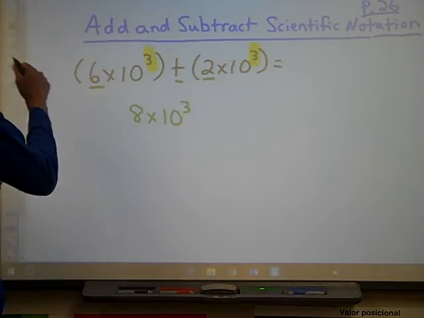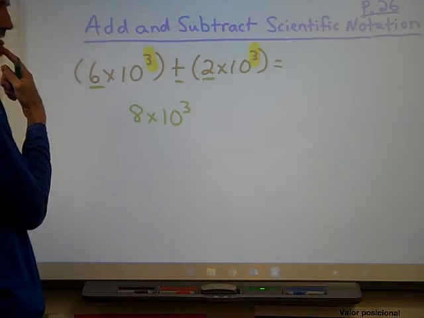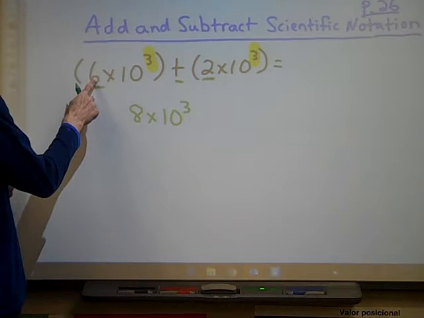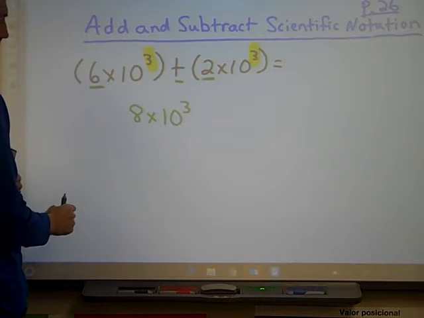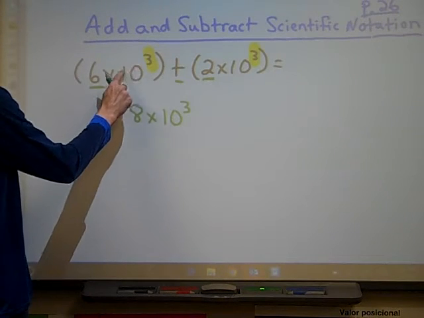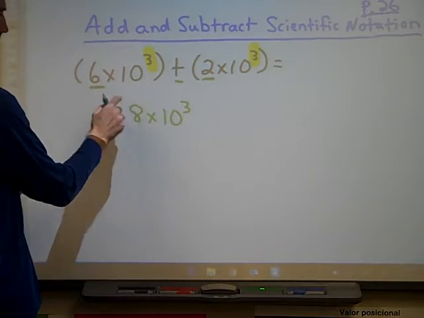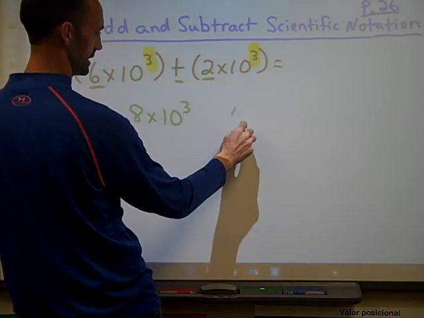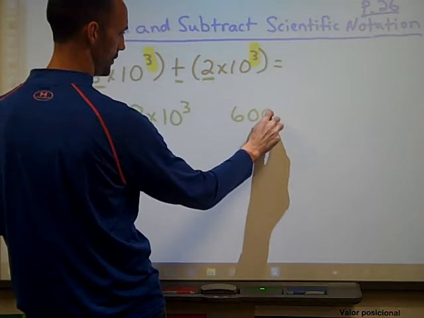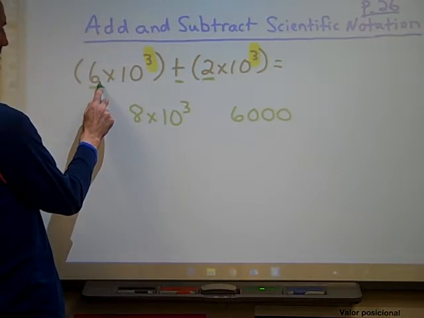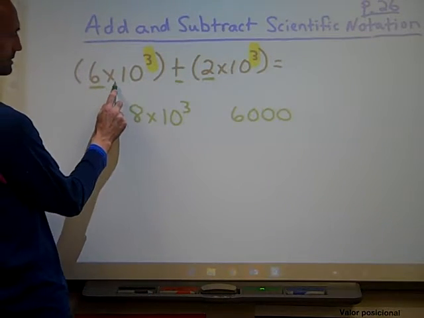Okay? The way that works is this, and please write this also in your journal. 6 times 10 to the third. Okay? Remember, positive exponent, decimal moves to the right. So this is actually 6,000, right? Because decimal's here in a whole number, 1, 2, 3.